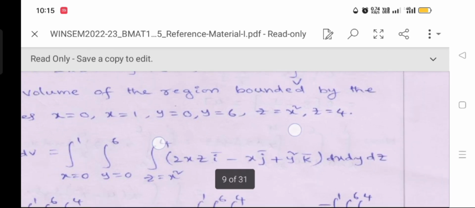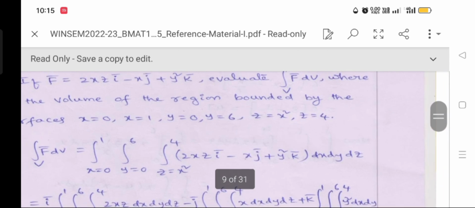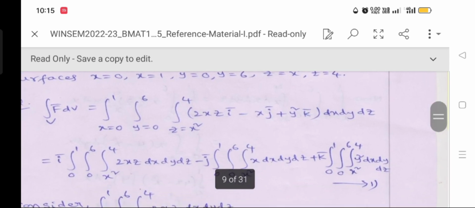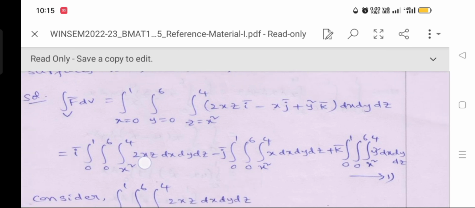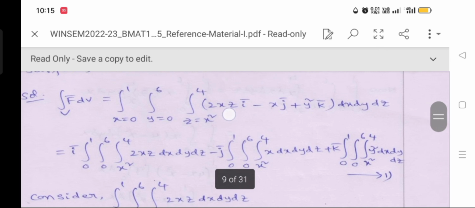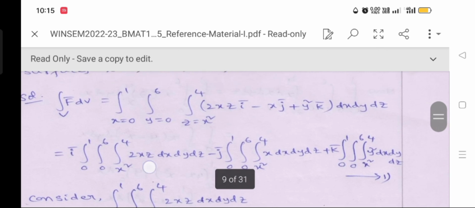Clear? Now we have to write dx, dy, dz separately for each F1 component, F2 component and F3 component. Keeping i constant outside, here we have 2xz as the F1 component, 2xz dx dy dz.